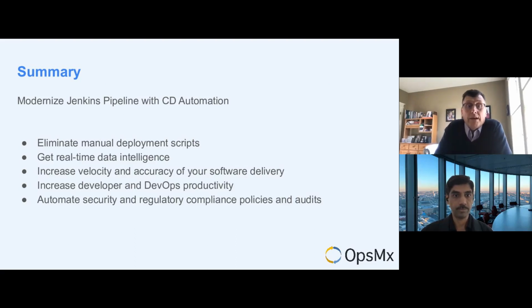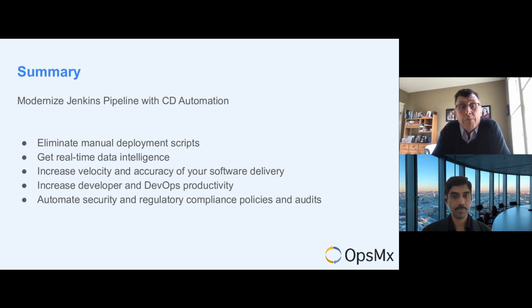So in summary, we have presented modernized Jenkins pipeline with CD automation. We have talked about within Optimix, at least in terms of our continuous delivery platform, how we automate deployment complexity, eliminating deployment scripts, how we get real-time data intelligence. I think Gopi gave a great description of how we gather the data from the DevOps tool chain.